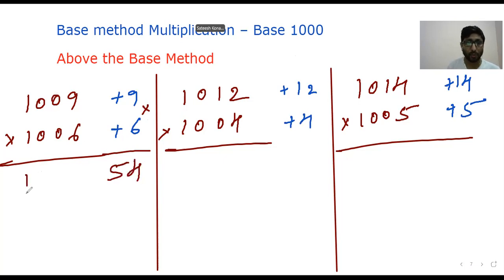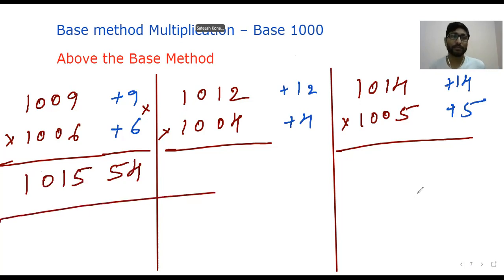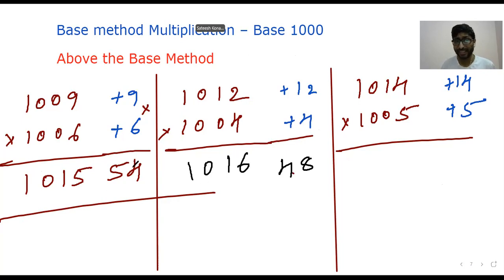Cross addition, 1015. Understood? 1015 is the answer. 12 4s are 48. 1014 plus 6, 1016.